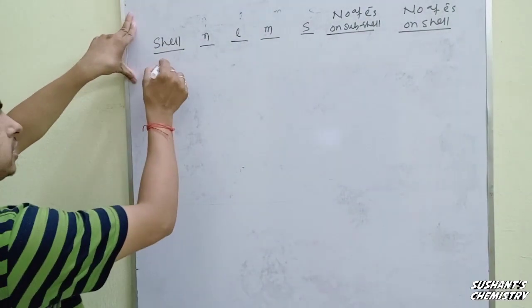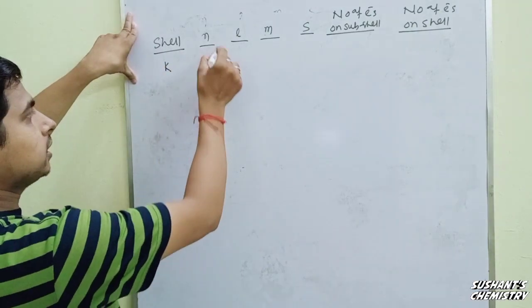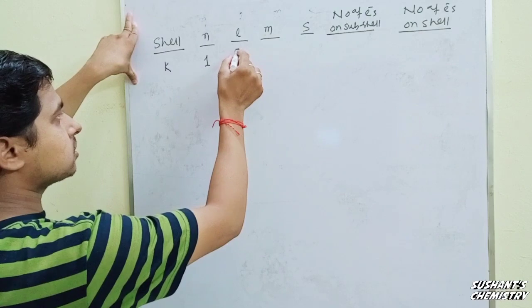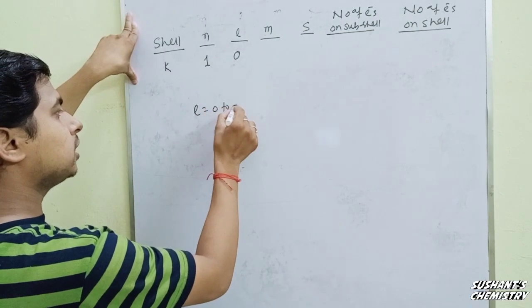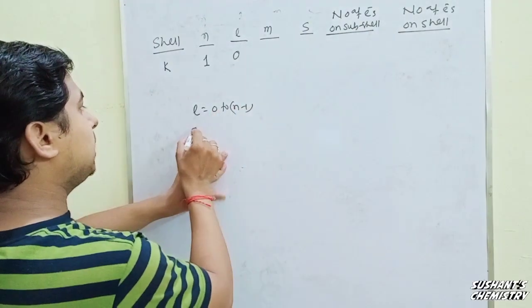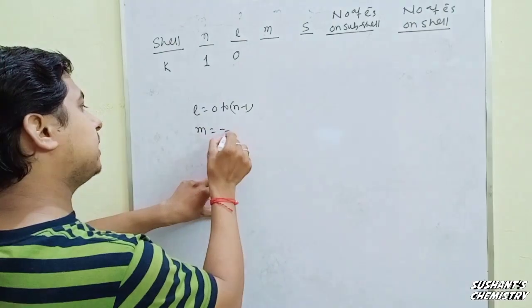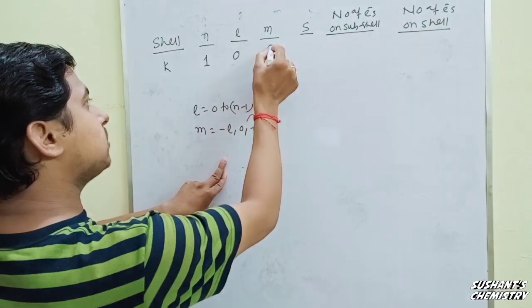Okay, first consider K cell. The value of n for K cell is 1, the value of L becomes 0. You know that L is equal to 0 to n minus 1, right? m is equal to minus L to 0 to plus L. L is 0 means m is 0.